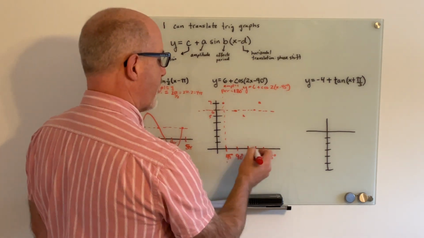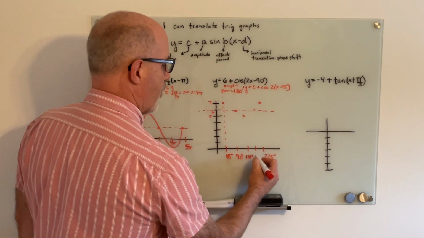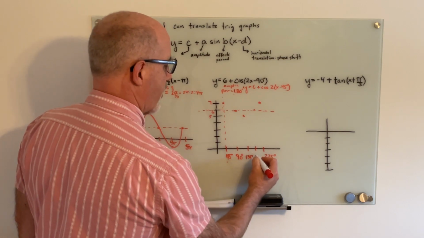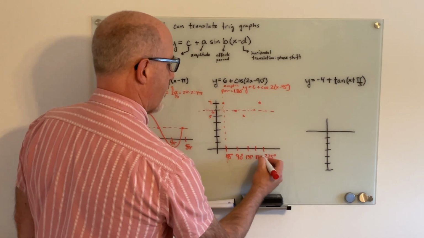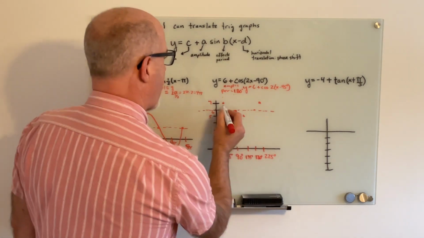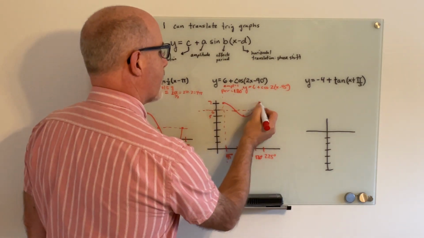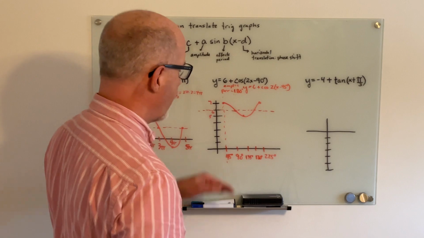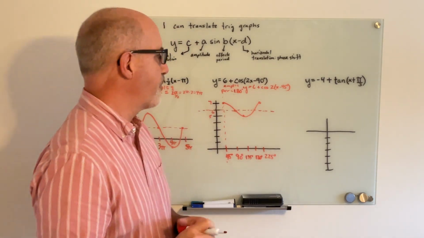Looks like I'm going by 45, so 45 added on to this. If I add 45 onto 135, I'll get 180. And so my graph will just look like this. Notice I labeled the axis even though my midline's been moved up.